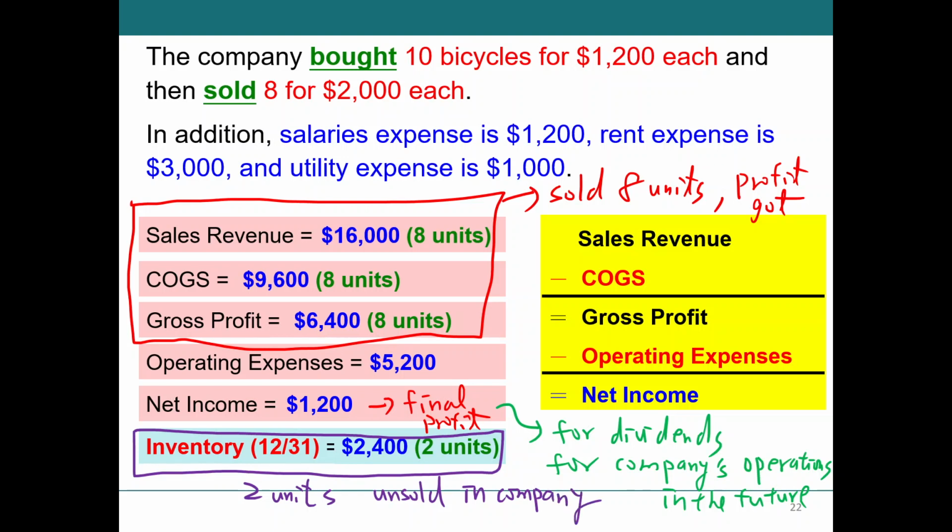So you have to consider how many you sold. The part you sold will give you profit, maybe. The part unsold is still in your company. So that's your assets.